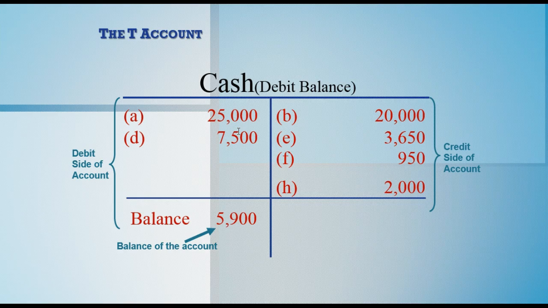So now we've added to it, and then E, F, and H were all checks that were written out that is subtracted. If you net these two, which means adding this and then subtracting this, you should have a debit balance of $5,900. And you will use this continually. And we'll do another exercise that will help a little bit on that.